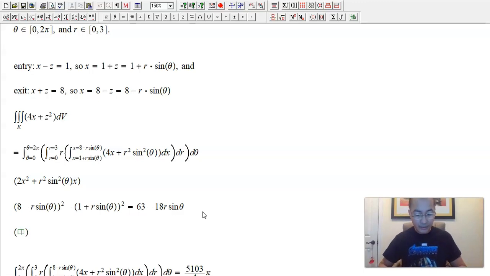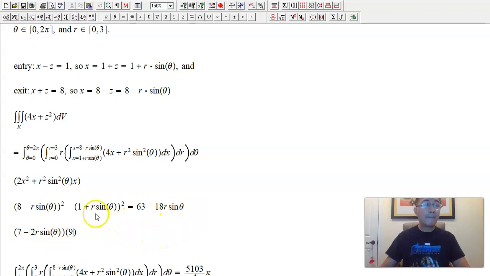When you subtract, you get 7 minus 2r sine theta, and when you add, you get 9 plus 0. So instead of squaring individually, it makes so much sense to use a minus b times a plus b. That's just 63 minus 18r sine theta.